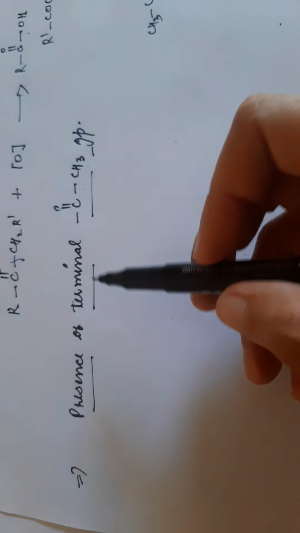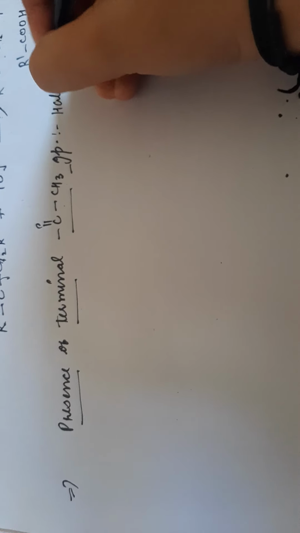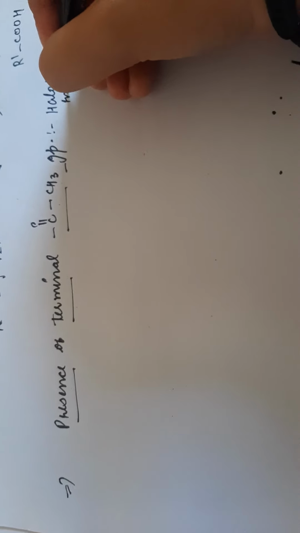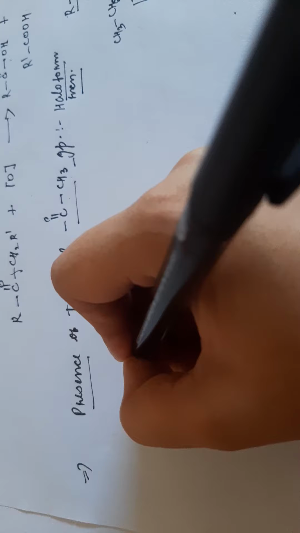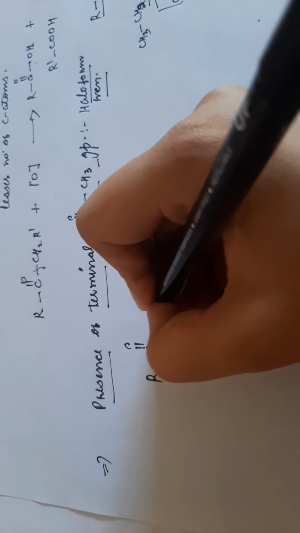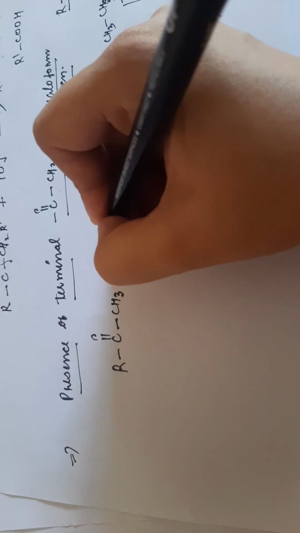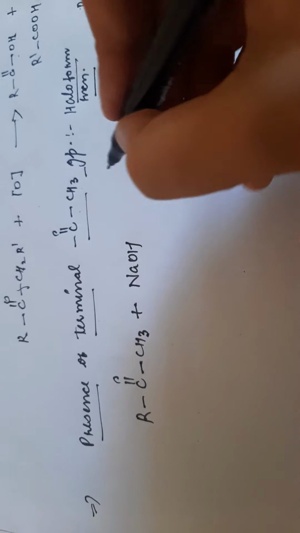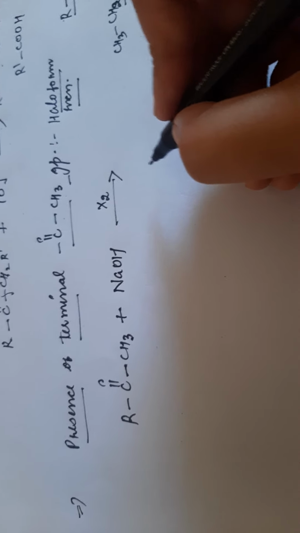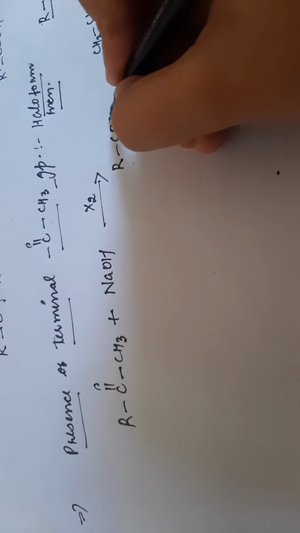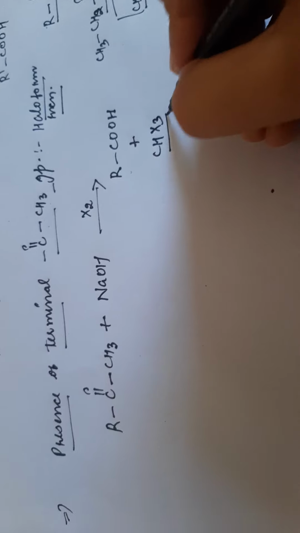So to detect the presence of the terminal carbonyl group, we will do a haloform reaction. In the haloform reaction, the terpenoid containing the carbonyl group, or we can say the ketonic group, is treated with a base, that is NaOH, in the presence of a halogen gas. Then there is a formation of carboxylic acid plus the haloform.